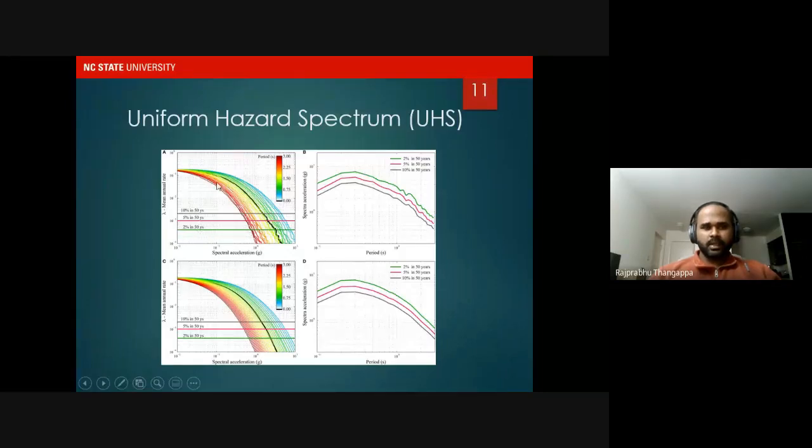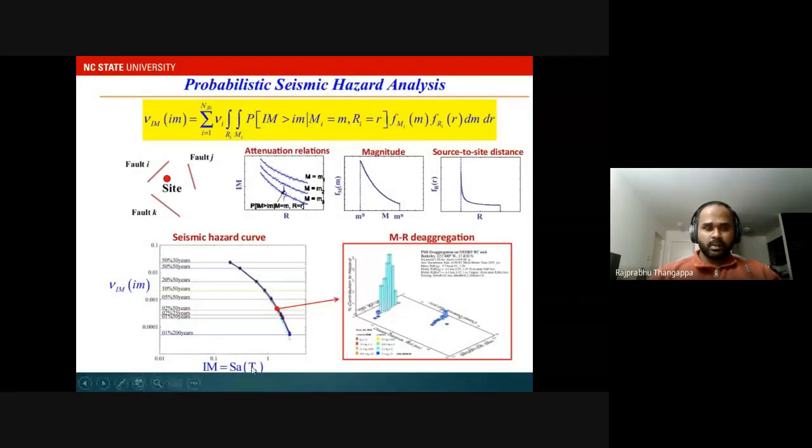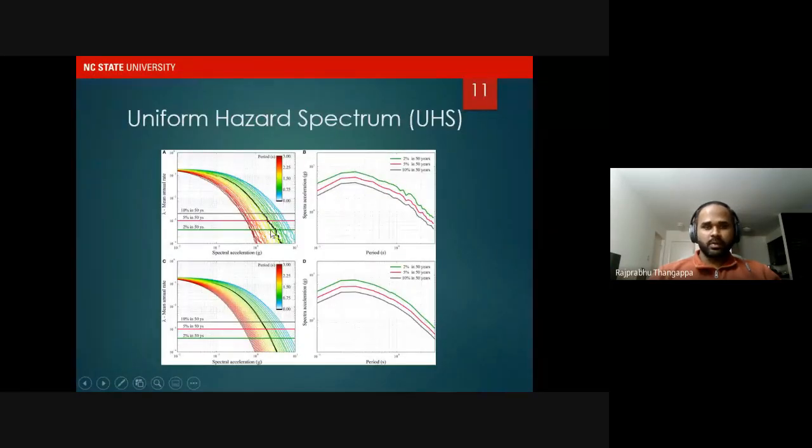So these hazard curves can be constructed for different periods. As I explained previously, the intensity measure chosen here is basically the spectral acceleration at the first mode period. But if we keep changing the period, the attenuation relationship keeps changing based on the period, which we explained before. And this would result in different hazard curves, as you see in this plot.